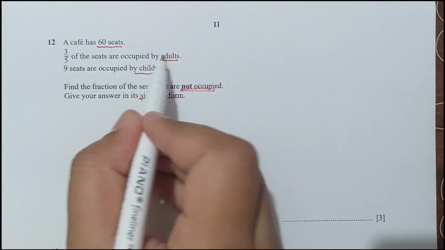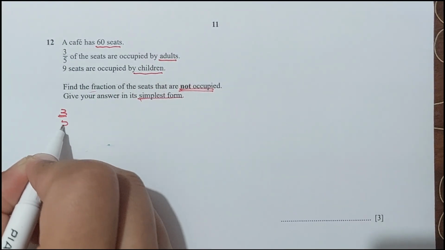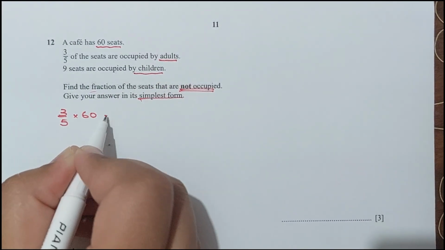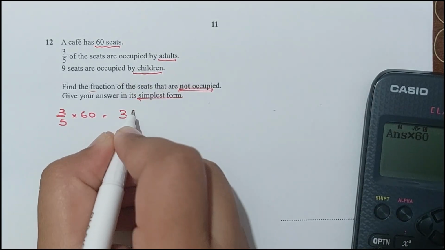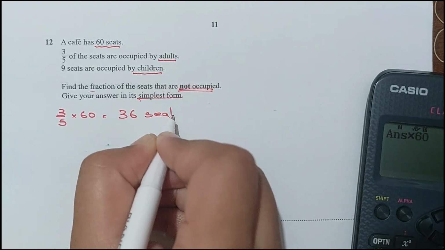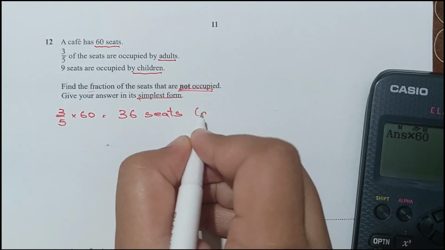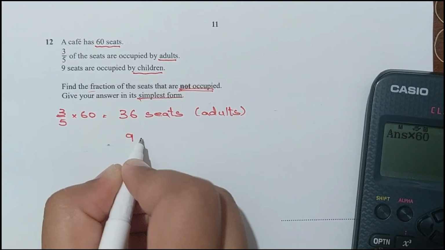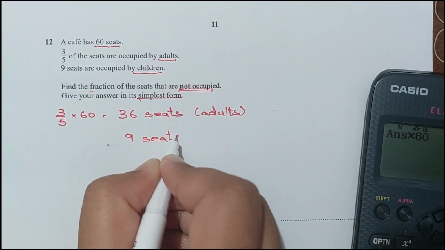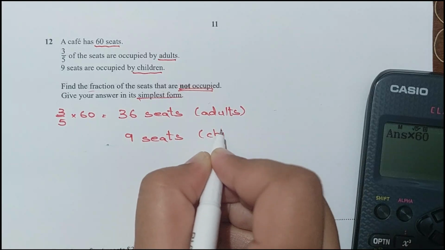The seats occupied by adults are 3 by 5 of the 60 seats. How many seats are occupied by adults? 36 seats are occupied by adults, and 9 seats are occupied by children.